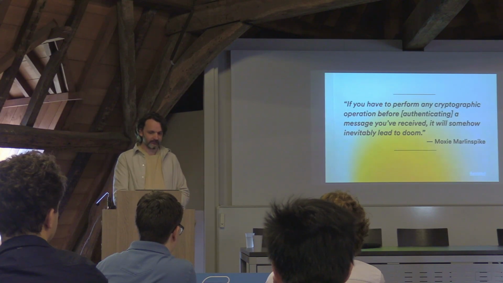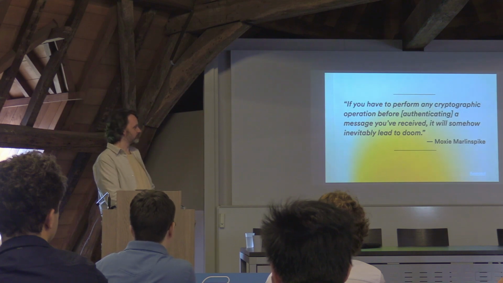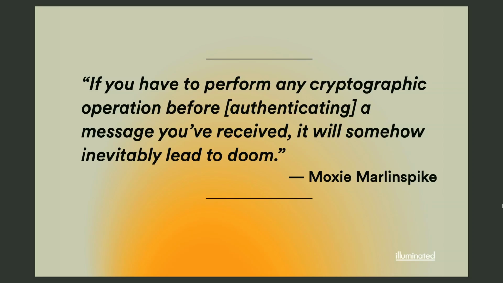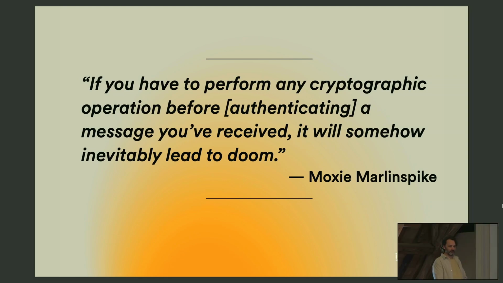But this violates something that's come to be known as the cryptographic doom principle, which was first said by Moxie Marlinspike, the cryptographer who co-developed the Signal protocol, which is used by WhatsApp and others to secure their messages. He said basically that if you have to perform any kind of operation on a message before you've authenticated that message, then it will somehow inevitably lead to doom.